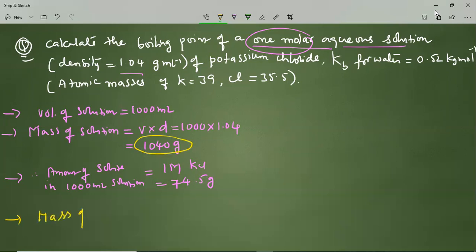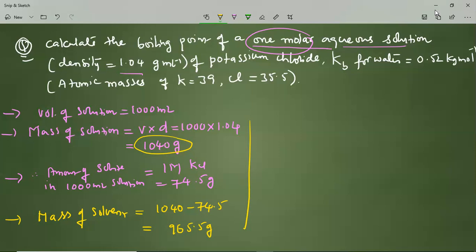Therefore, what is the mass of solvent? Why do we find the mass of solvent? Because it is needed in the molality expression. So mass of solvent is equal to 1040 minus 74.5, and this I got is 965.5 grams. Once I got the mass of solvent, I can find the molality.